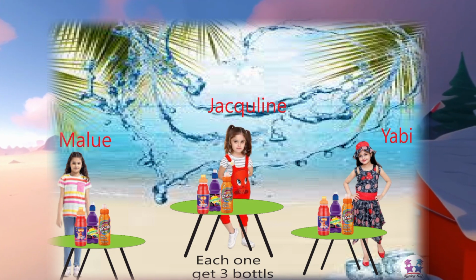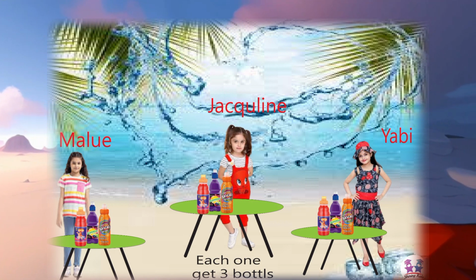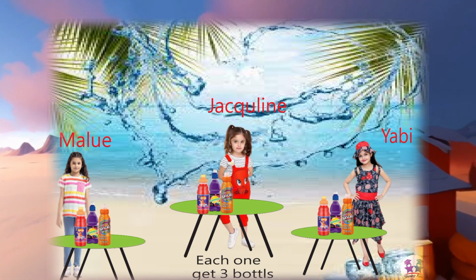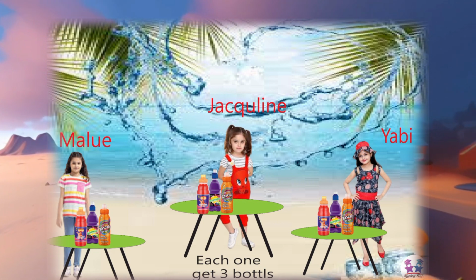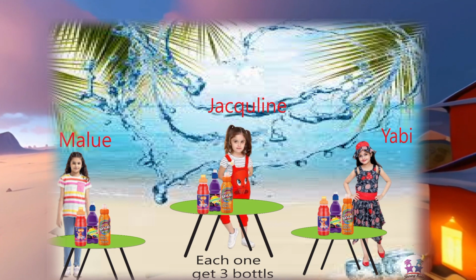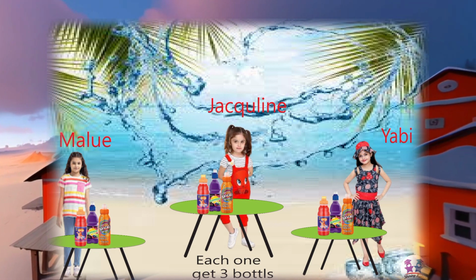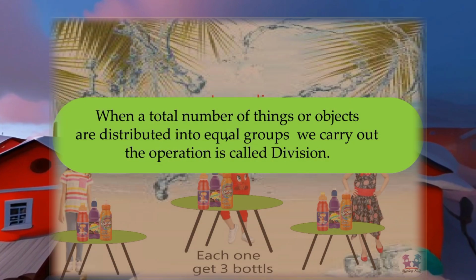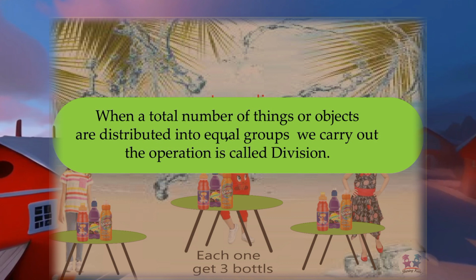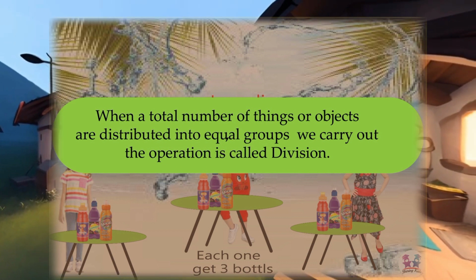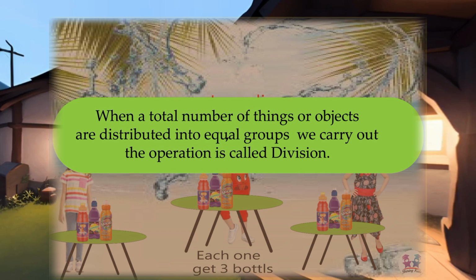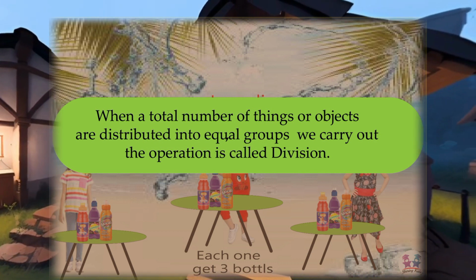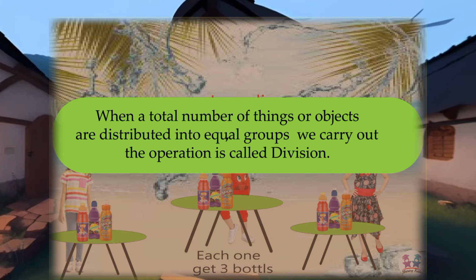In all these examples, we share the number of objects equally according to the number of groups needed, and this is called dividing into equal groups, or division. So we learn that when a total number of things or objects is distributed into equal groups, the operation we carry out is called division.